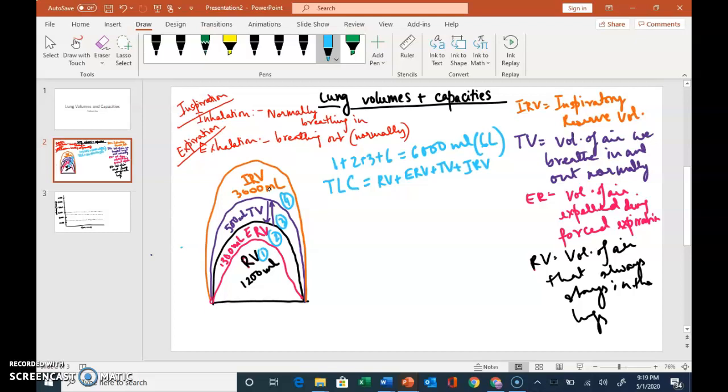Okay. If I add 1 and 2 together, just 1 and 2, which is RV plus ERV, that gives us FRC, which is functional residual capacity.